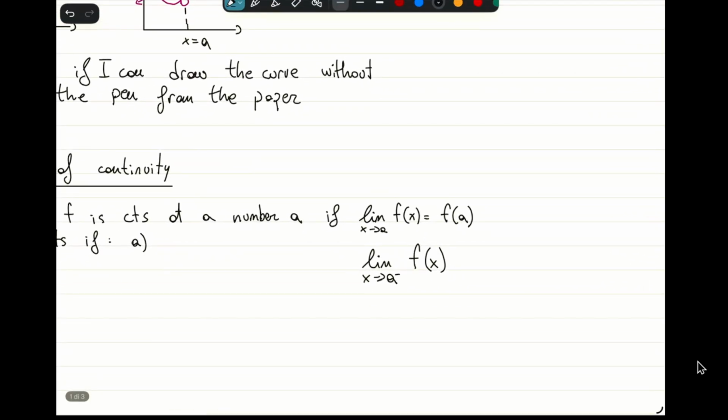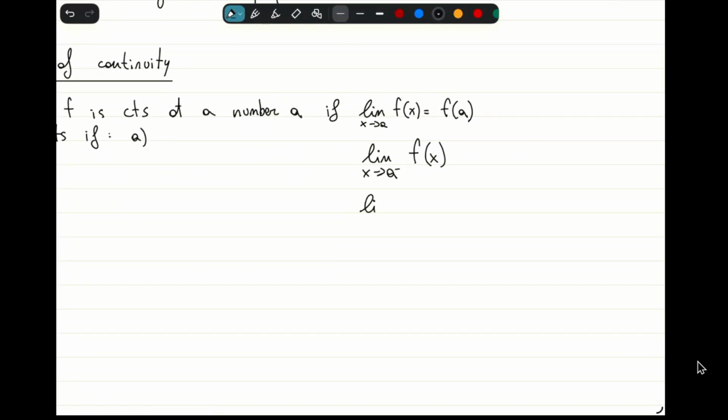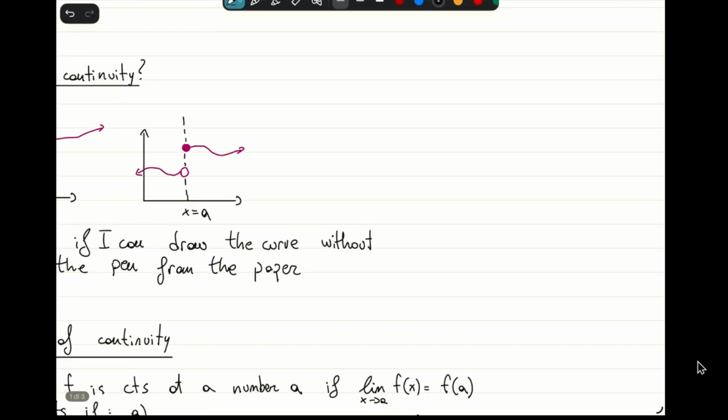Now if we take instead the limit as x approaches a from the right side, we will get this value. So you can see they're distinct.